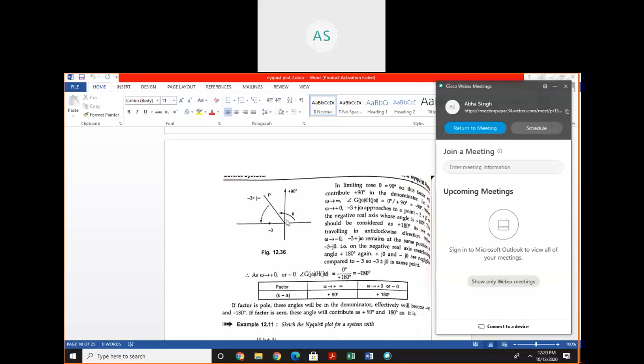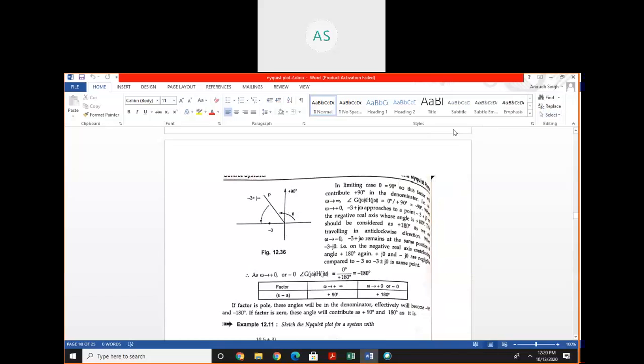So when omega reaches infinity, then in that case the angle is 90 plus 90.